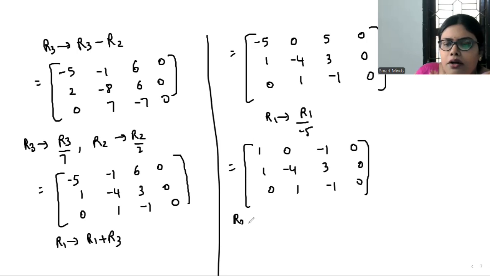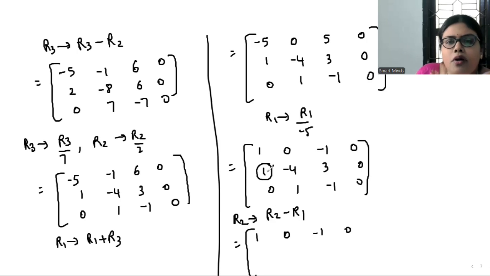Now we will do R2 is R2 minus R1 because I want to make this 0. The first row we are not changing. Second row R2 minus R1: 1 minus 1 is 0, minus 4, 4, 0. Third row also we are not disturbing. Now in the second row you can see there are two 4s, so we can divide it by minus 4.